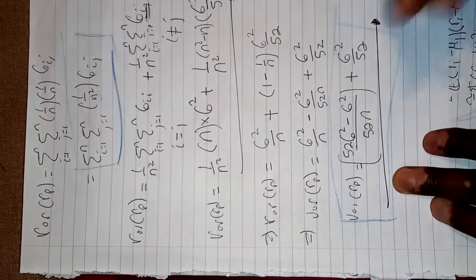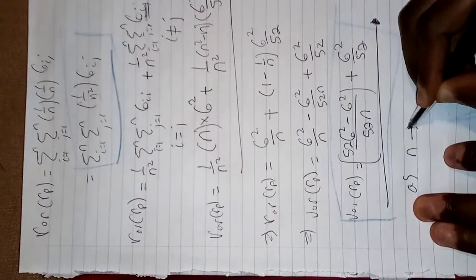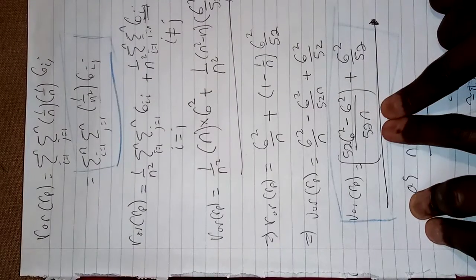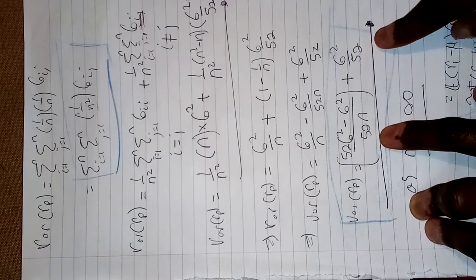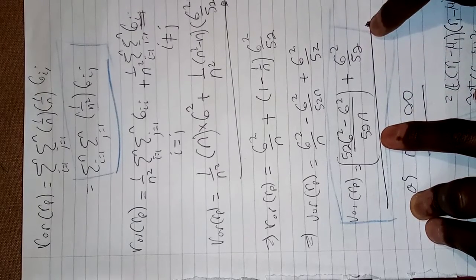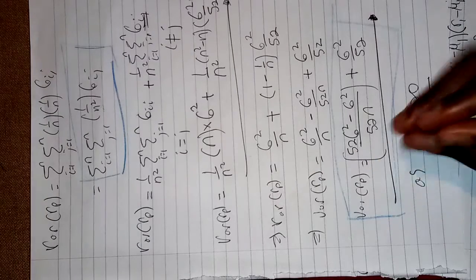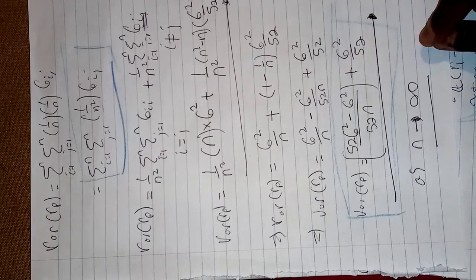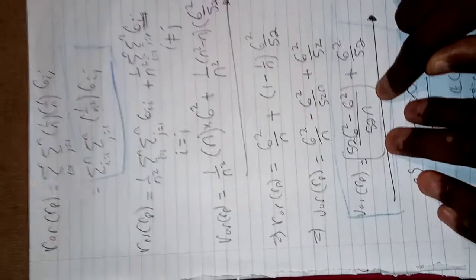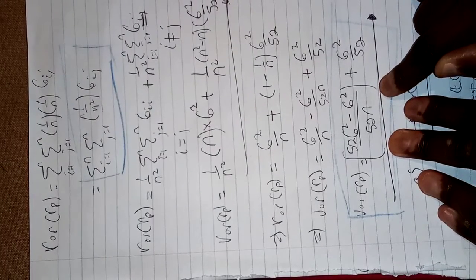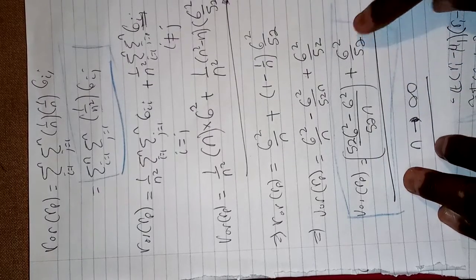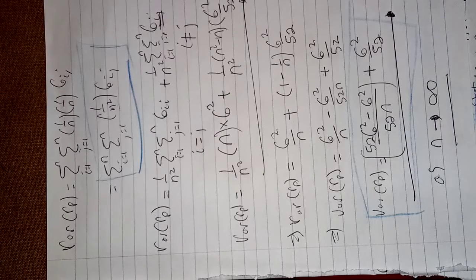Whenever I'm increasing n, as n approaches infinity, this part tends to 0, and then our variance will be equal to sigma square over 52. You can see that we have reduced the variance of the portfolio to sigma square over 52 with the addition of assets. The more assets you have, the more the variance of the portfolio will reduce to that. That's the whole idea behind diversification.